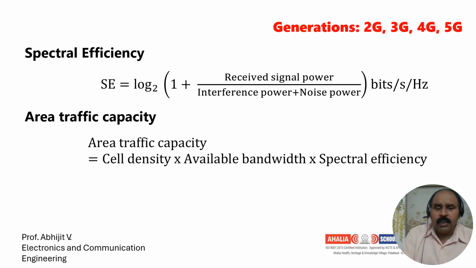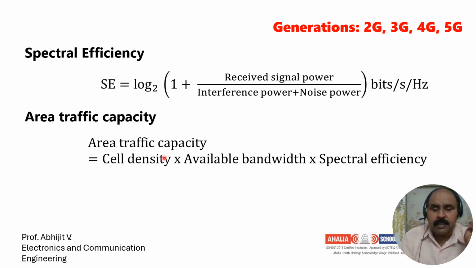The first one is spectral efficiency. Spectral efficiency is defined as log to the base 2 of 1 plus the received signal power divided by the interference power plus noise power, in terms of bits per second per hertz. Another definition that we will be studying is the area traffic capacity.